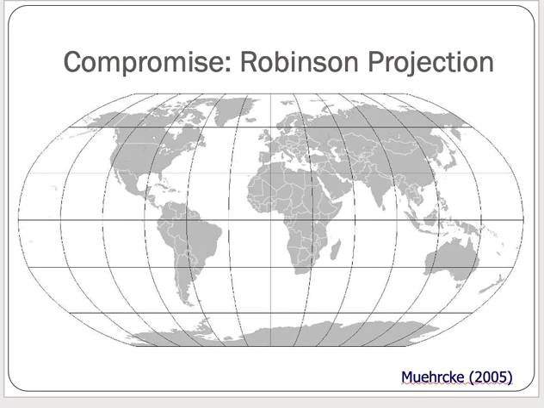So this map projection is called the Robinson projection, and I just showed the Robinson projection from the previous slides. And again, this is a compromise between the shape and the area.